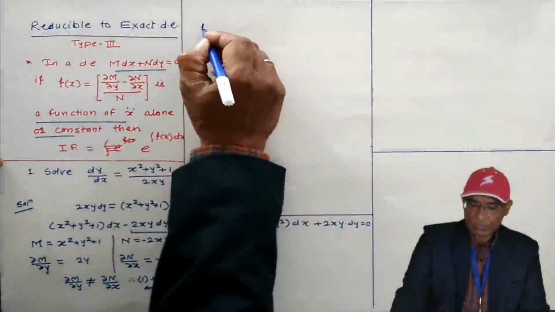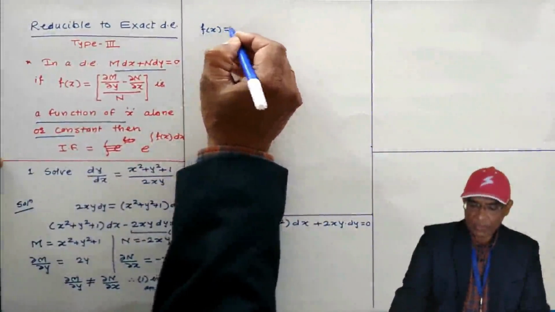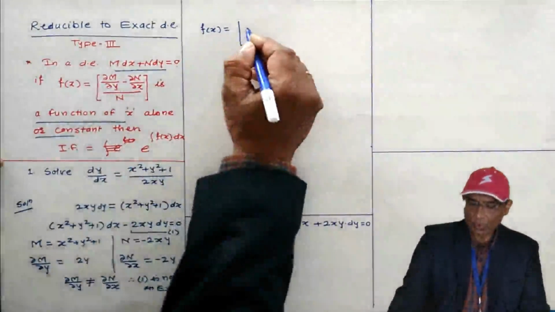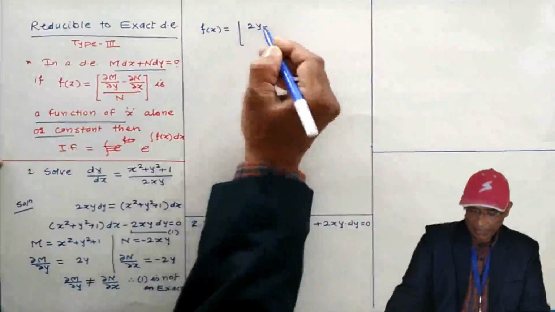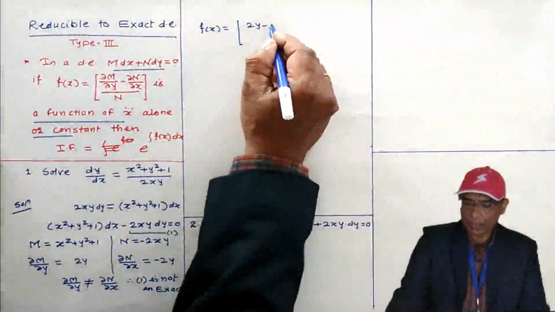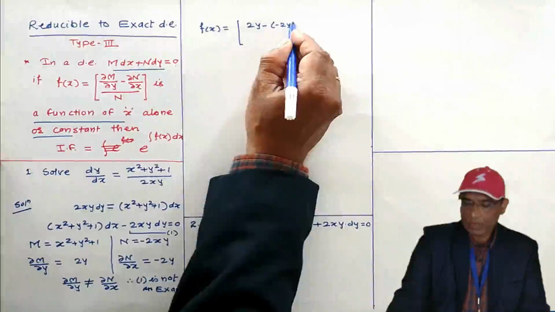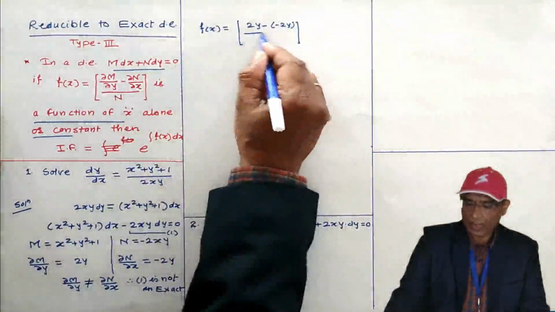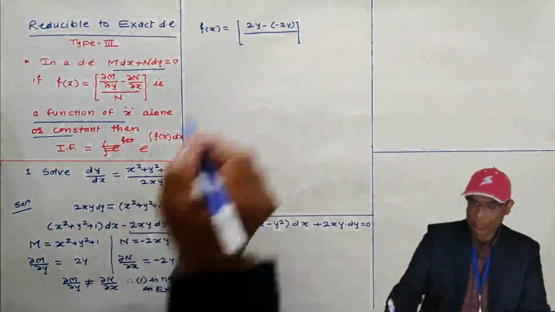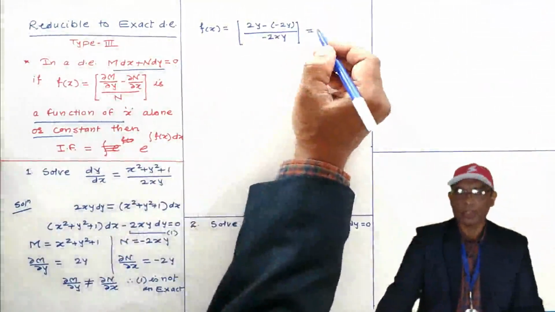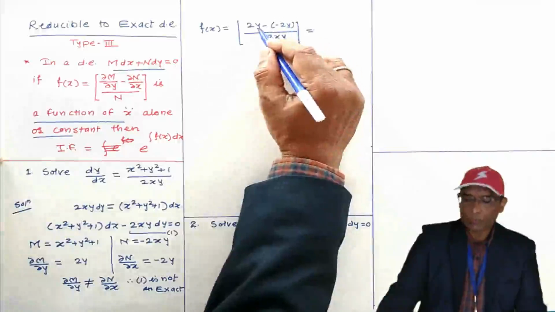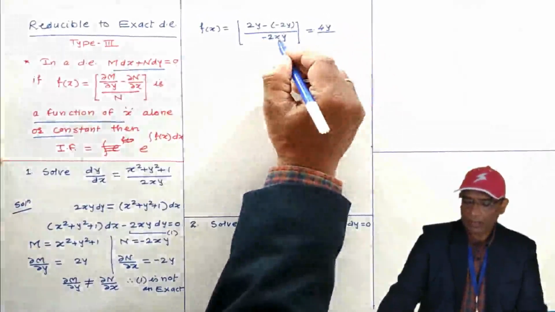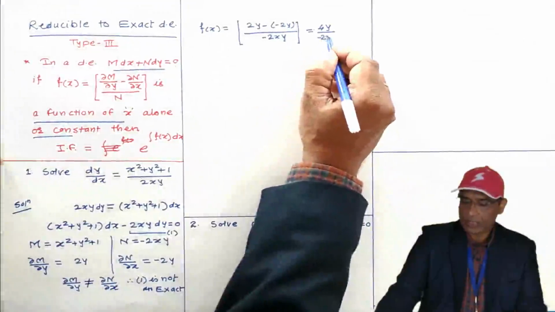f(x) equals ∂M/∂y minus ∂N/∂x, divided by N. Writing directly, ∂M/∂y is 2y, ∂N/∂x is minus 2y, divided by N, and N is minus 2xy. Let us find the value of f(x). This is 2y plus 2y, which is 4y, and minus 2xy as it is.